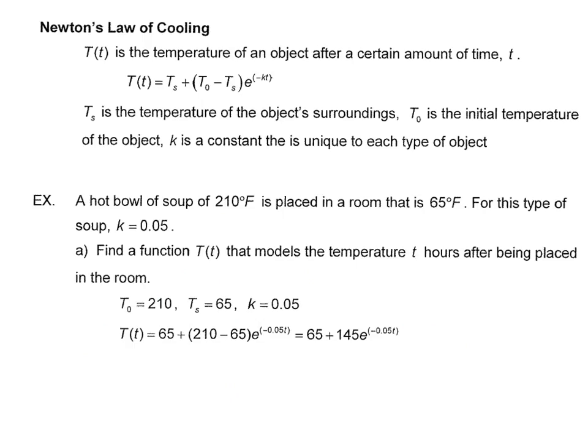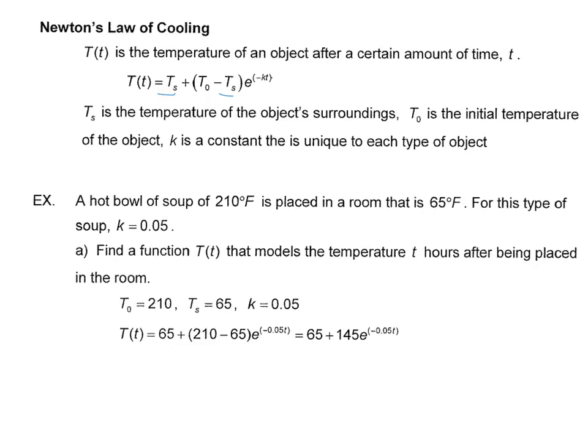And we're going to finish off with a problem that involves Newton's law of cooling. And it's a big formula, the temperature of a certain object after amount of time t. And in the formula, T of S is the temperature of the object's surroundings. You can see it appears twice in the formula. T naught is the initial temperature of the object.